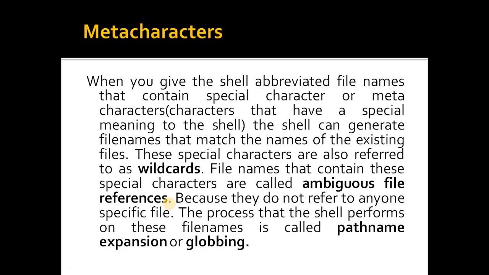The process that the shell performs on these file names is called pathname expansion or globbing. Okay, when that particular meta character is expanded and you are able to see the list of files which match, that process is known as globbing. Ambiguous file references allow you to refer to a group of files with similar names quickly, saving you the effort of typing the names individually.